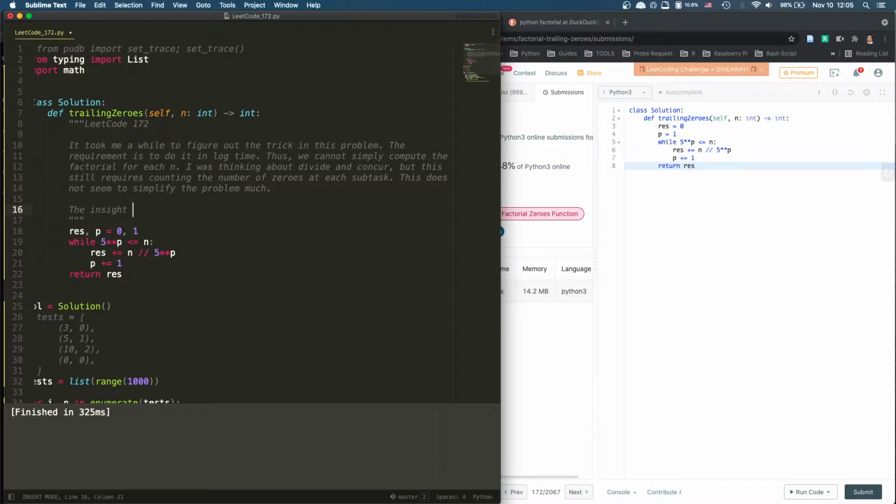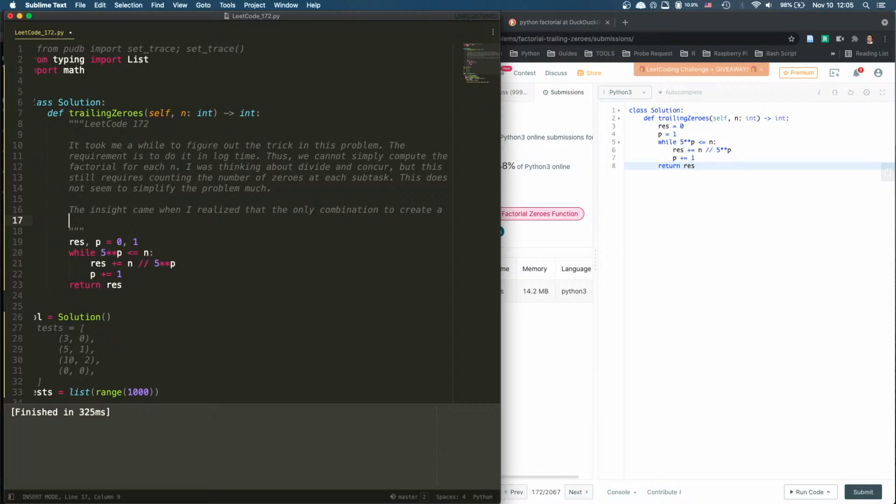The insight came when I realized that the only combination to create a trailing zero, right, is 2 multiplied by 5.